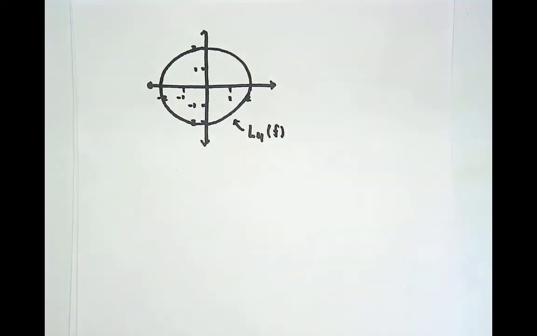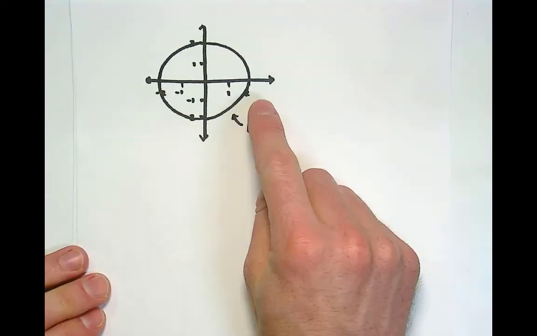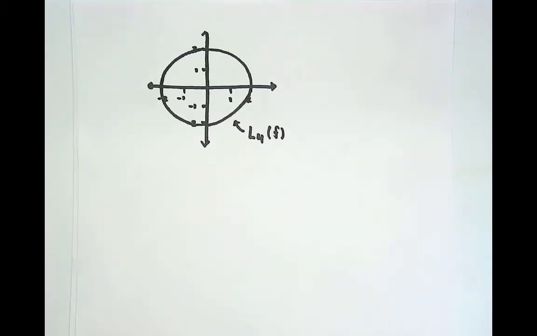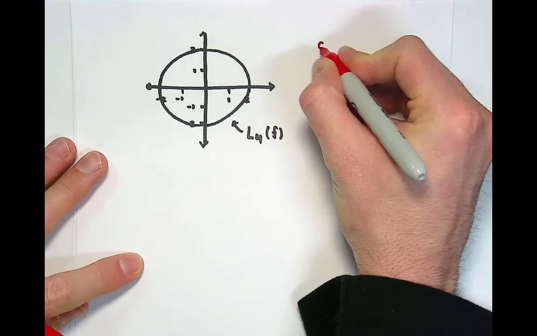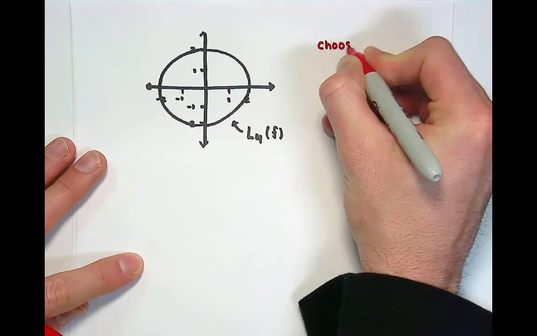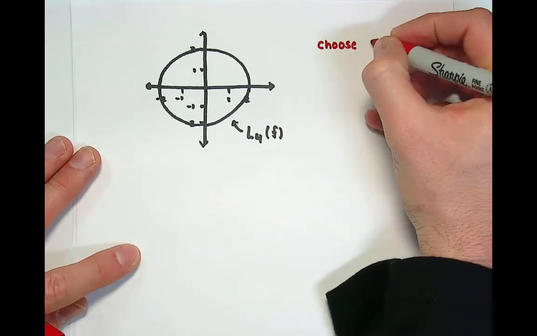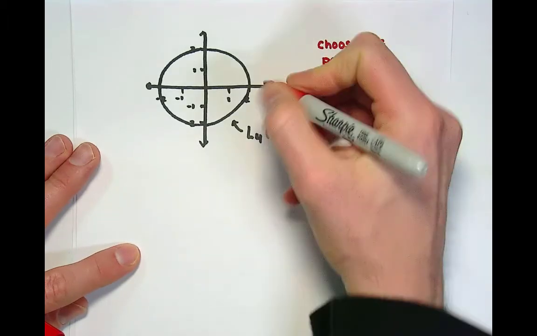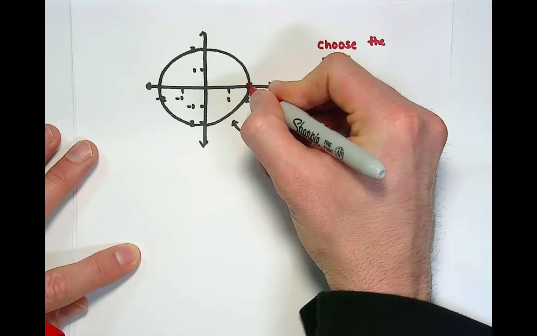And then the problem has asked me to produce a derivative or a tangent line to this. The way that I'm going to do this is I'm going to choose 2 points. Let's for now choose the point, perhaps this one.